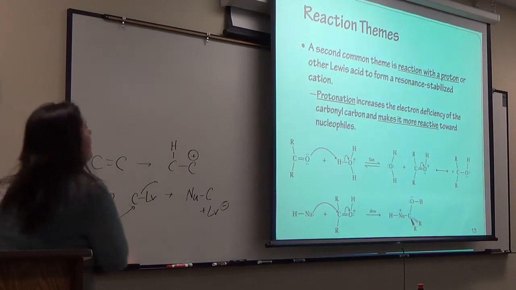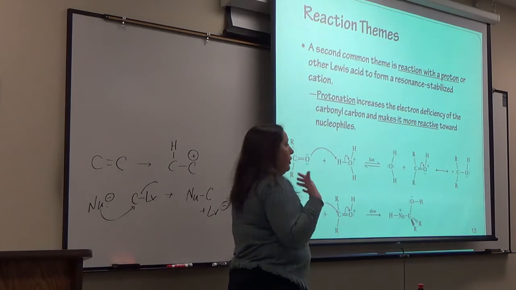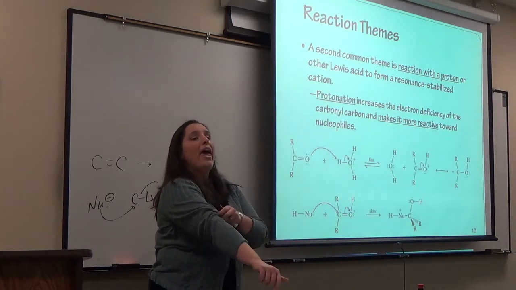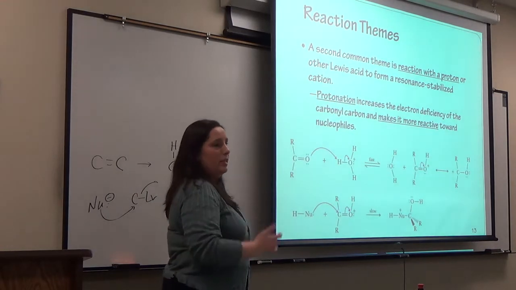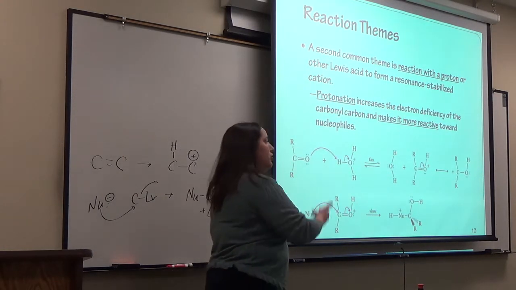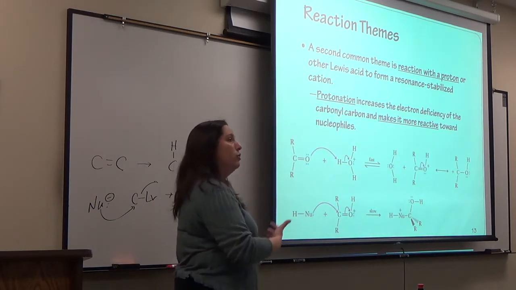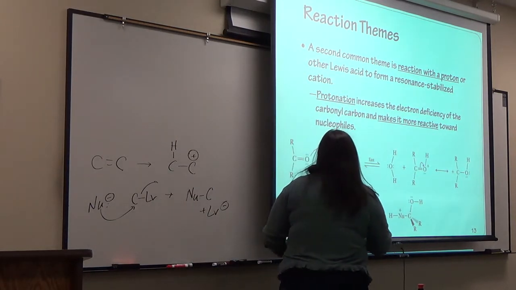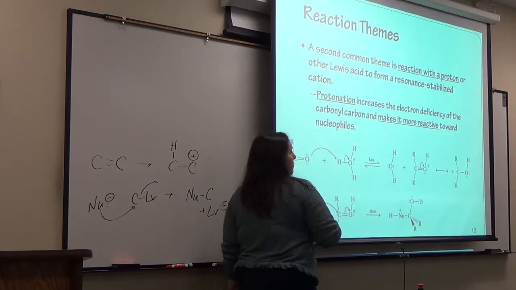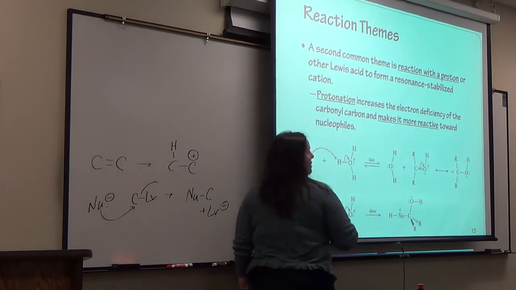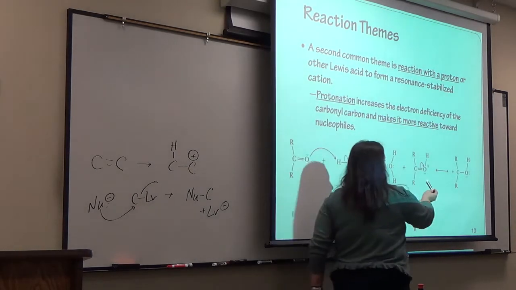The second theme is something I just want to bring back up because we've been talking about this since alcohols, that you have this protonation step that always initiates the process. So what is the protonation in this case? We're going to protonate the oxygen of the carbonyl. You can see that the oxygen of the carbonyl picks up a hydrogen, so it becomes protonated.